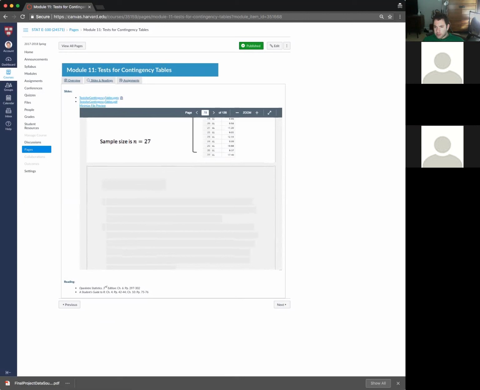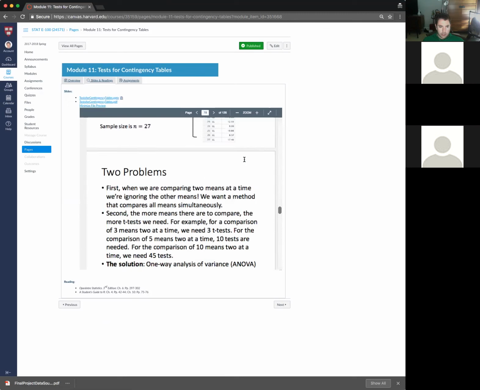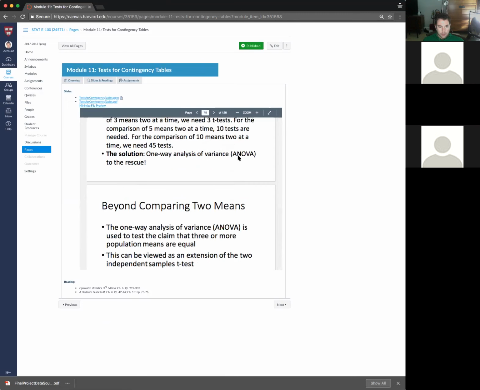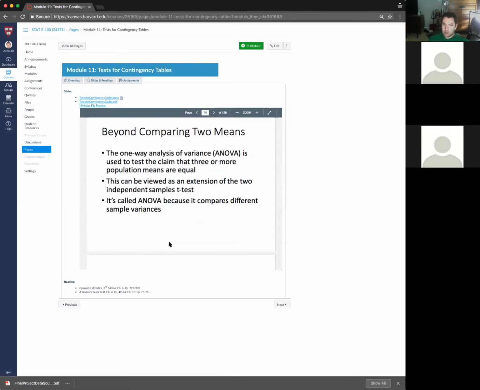And I want to make sure I get to the other question about the mission, but just to understand what ANOVA is, you're comparing more than 2 means. So you're looking at whether 3 or more population means are equal.